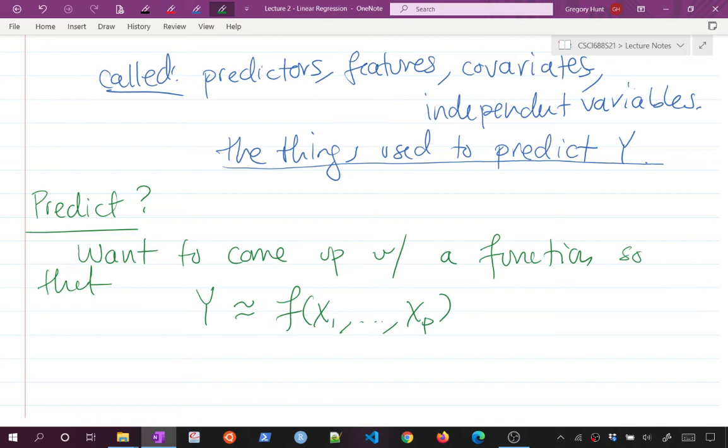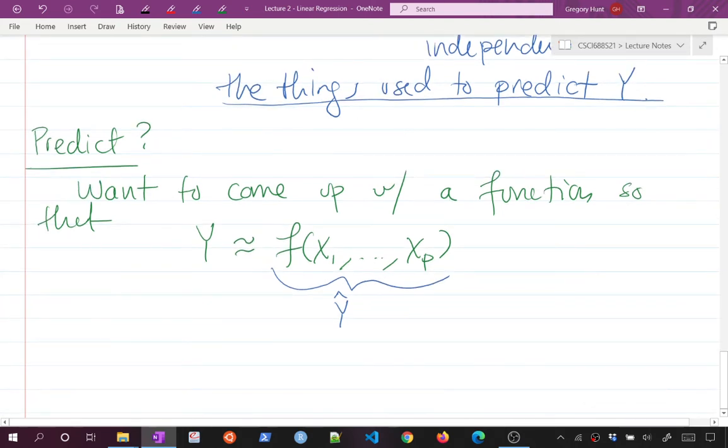Oftentimes among statisticians, we will call the prediction, sorry, I should write this on the other side, we will call the predicted y hat.